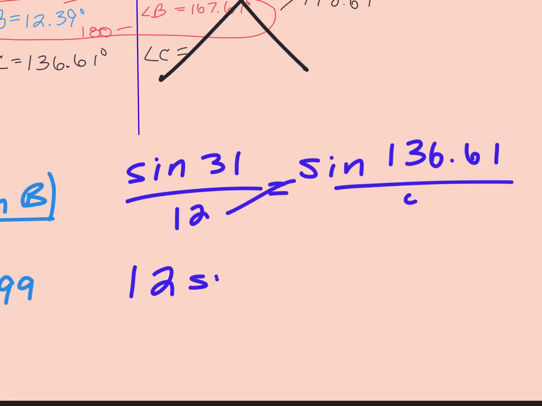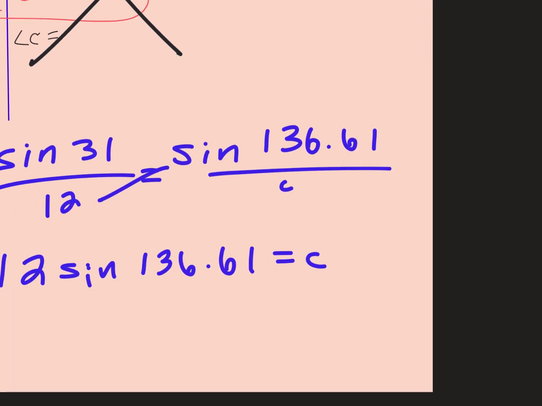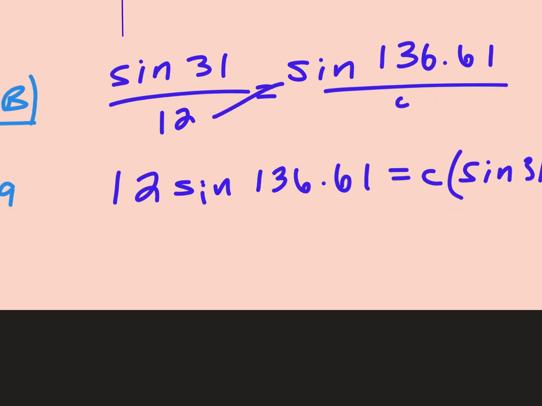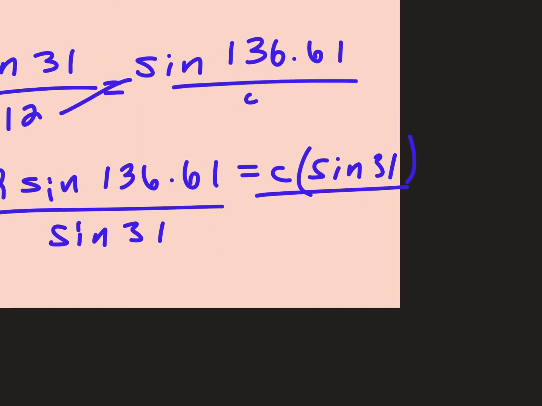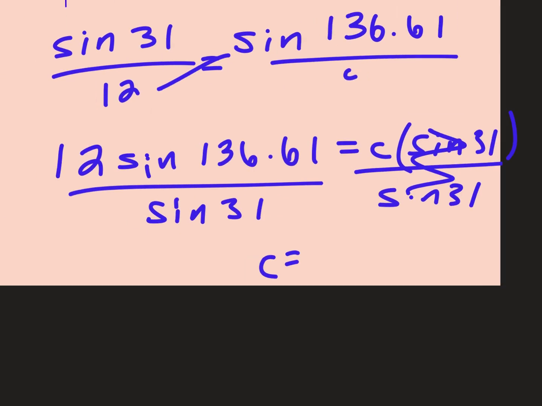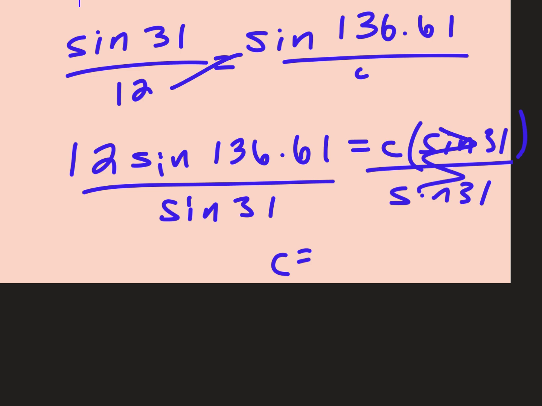So 12 times the sine of 136.61 equals c times the sine of 31. And then my last step, divide by sine of 31. So how long is side C? 12 times the sine of 136.61 divided by sine of 31. What do you guys get?